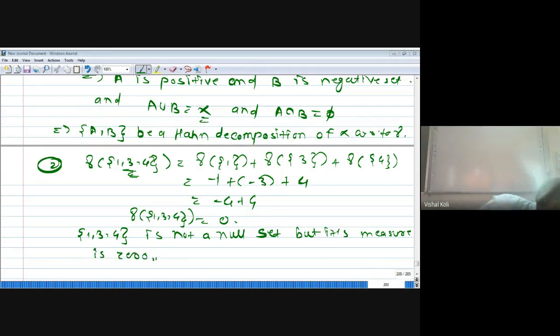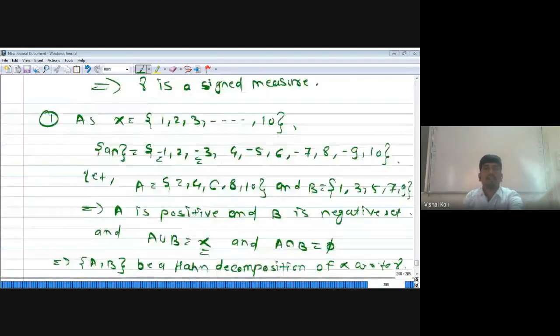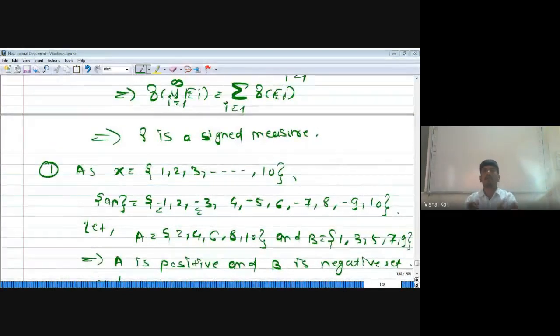Now the last one. We have to find out the null sets with respect to the signed measure gamma. As here there is no term whose measure is equal to 0, therefore there is no nonempty null set.